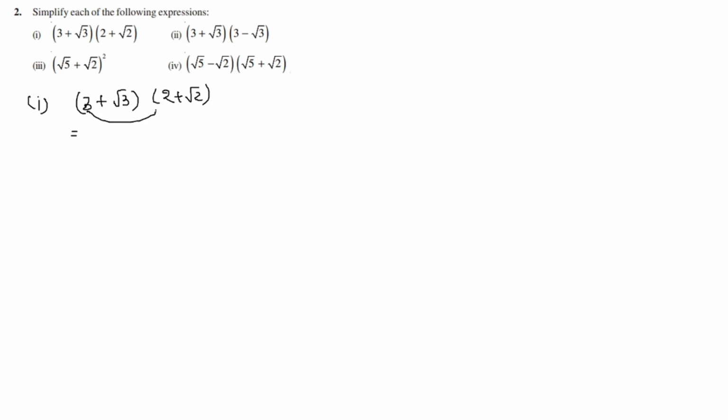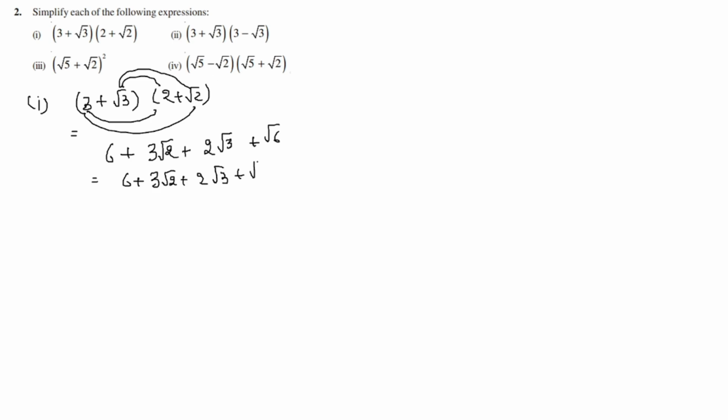First we multiply 3 with 2, then 3 with root 2, root 3 with 2, and then root 3 with root 2. 3 multiplied by 2 is 6, 3 multiplied by root 2 is 3 root 2, 2 multiplied by root 3 is 2 root 3, and root 3 into root 2 gives root 6. So the answer is 6 plus 3 root 2 plus 2 root 3 plus root 6.